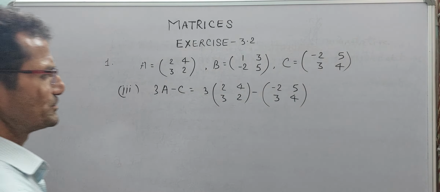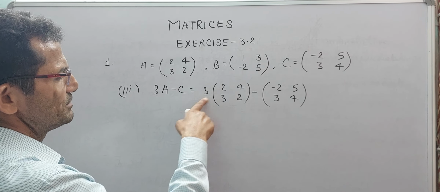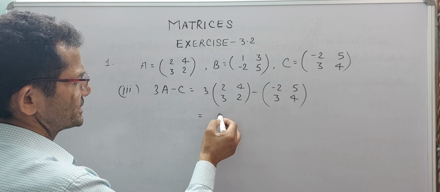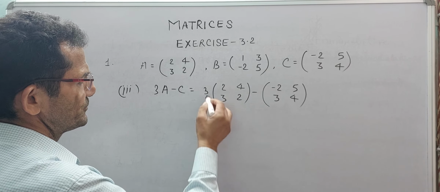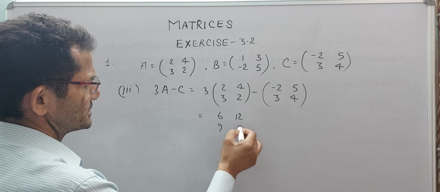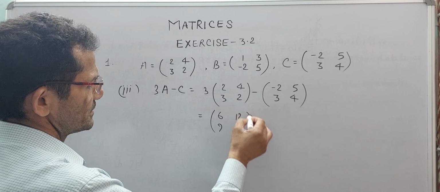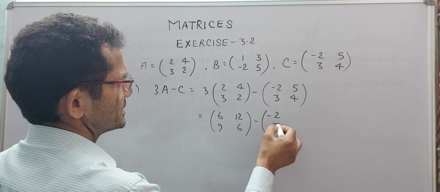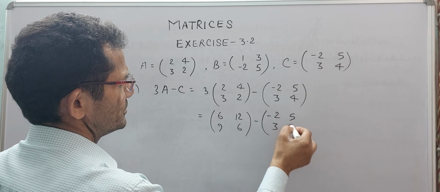If I simplify, we multiply the elements of matrix A by 3: 3 into 2 is 6, 3 into 3 is 9, 3 into 4 is 12, and 6.